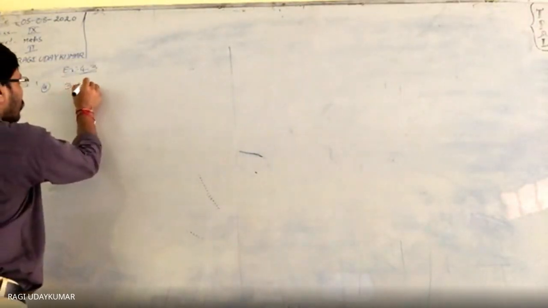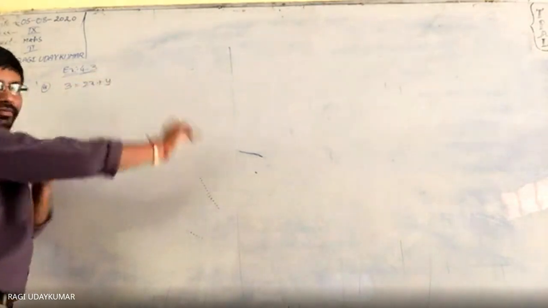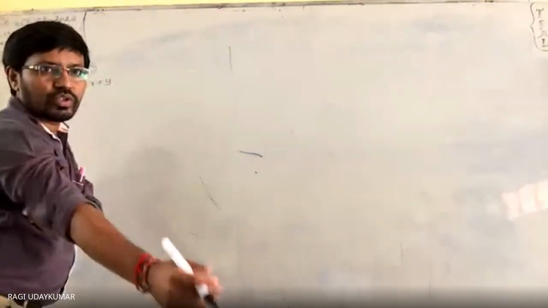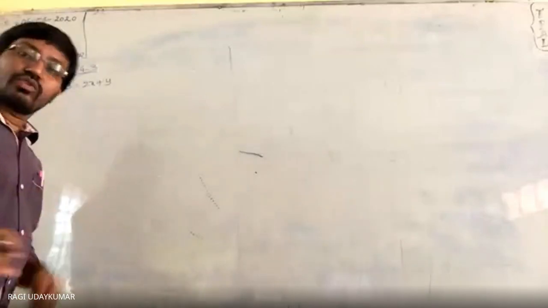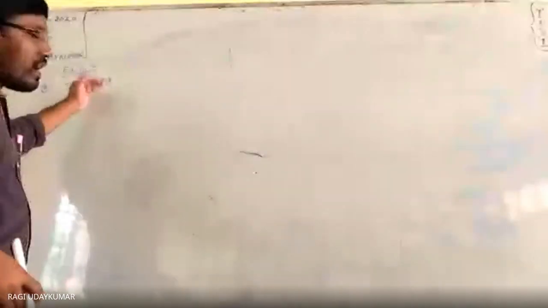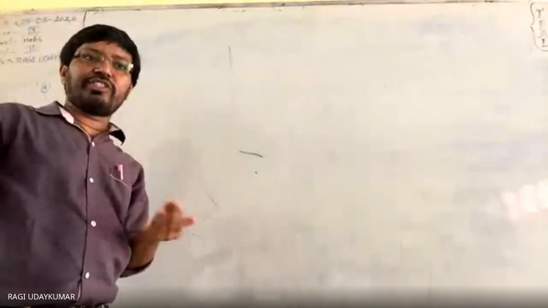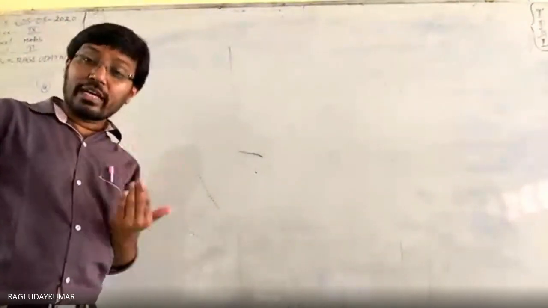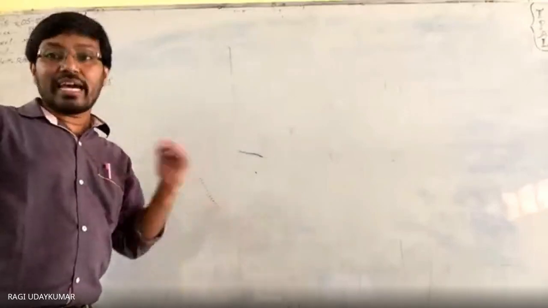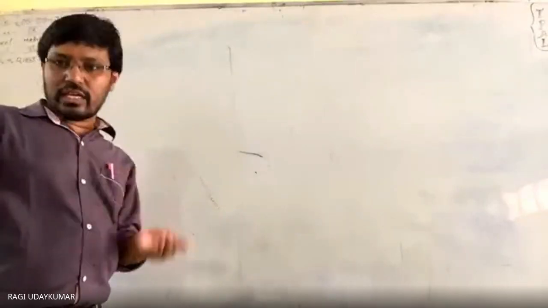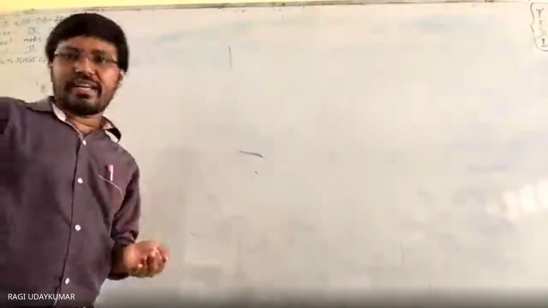Three is equal to 2x plus 5. So y का coefficient 1 है ना? So y equal to, suppose x coefficient 1 है. In this any problem x का coefficient 1 दे दिया है. So better you take x equal to and y assume करो. Y you can assume and x value find out कर सकते हैं.